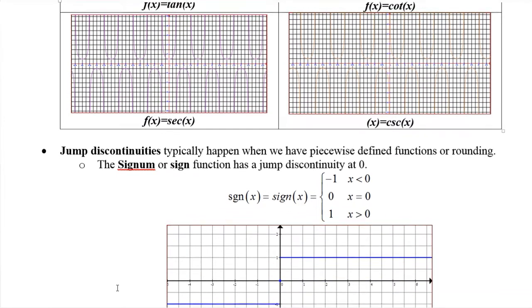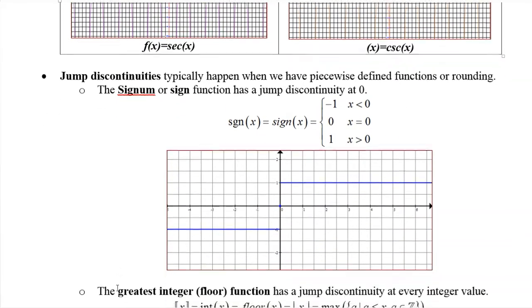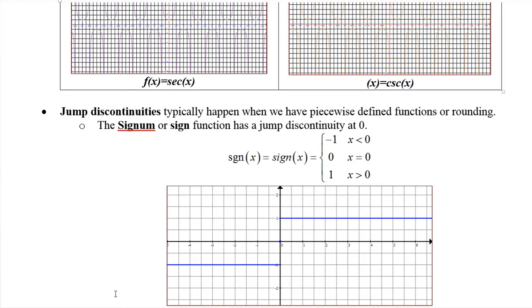One example of a piecewise defined function that has a jump discontinuity is the signum function, or sign function, S-I-G-N, not S-I-N-E. It's defined for all real numbers, and it's written as sgn of x or sign of x.